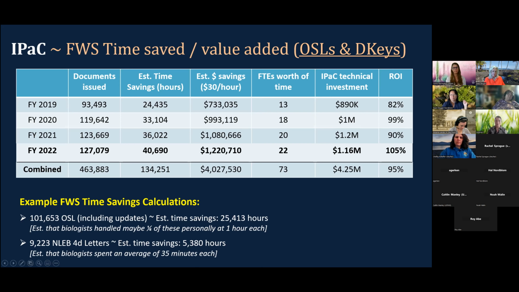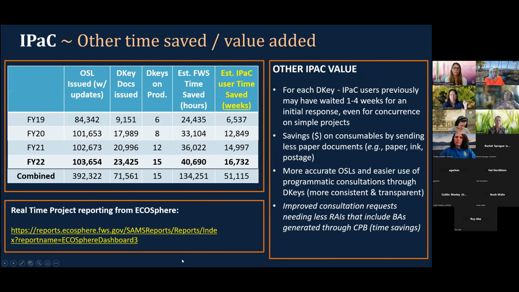And what's probably even more interesting is that above and beyond what we save for ourselves, we are saving exponential time for our action agency users and our partners who are using IPAC. So you heard me mention that it might save us 15 minutes to a few hours when someone generates a document through IPAC. It probably saves that person 1 to 4 weeks, conservatively, depending on what that document was.